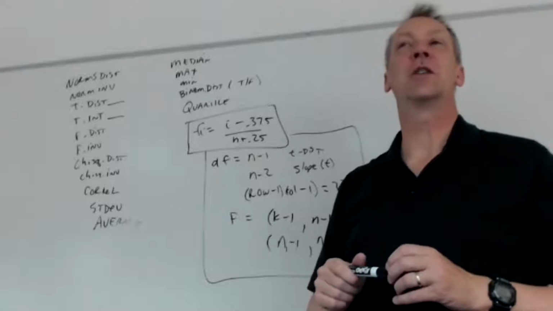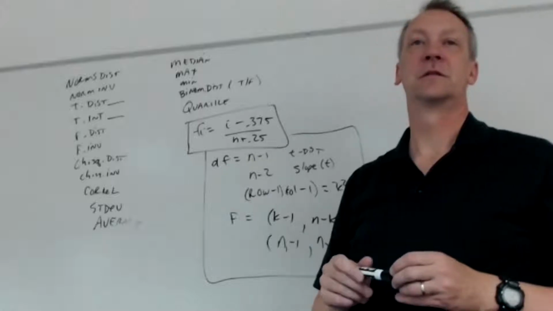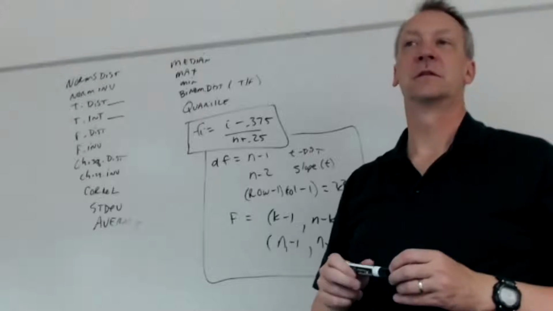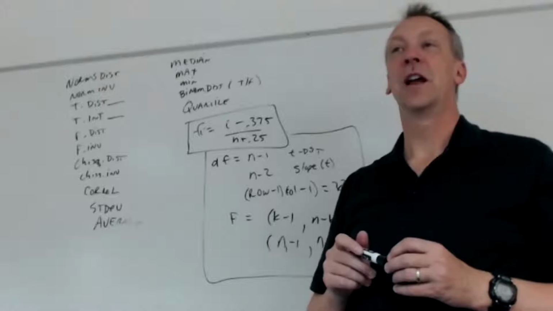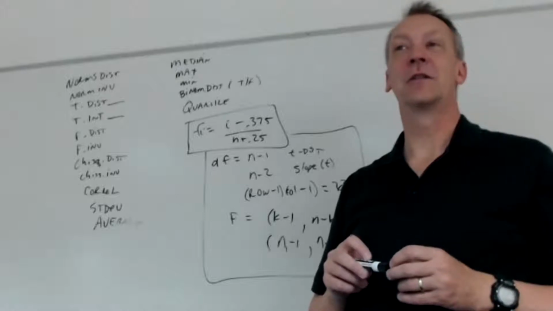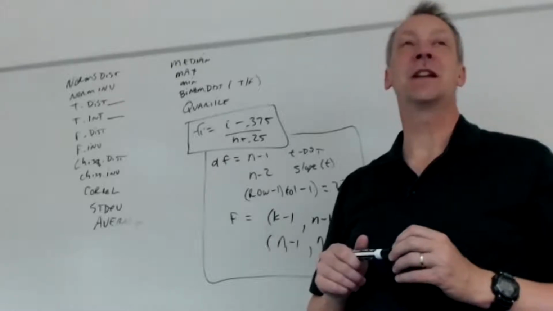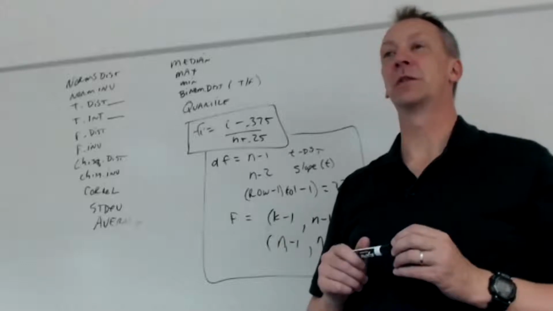What should it look like roughly? Normally distributed if NPQ is greater than 10. If NPQ is less than 10, it's probably going to be quite skewed.